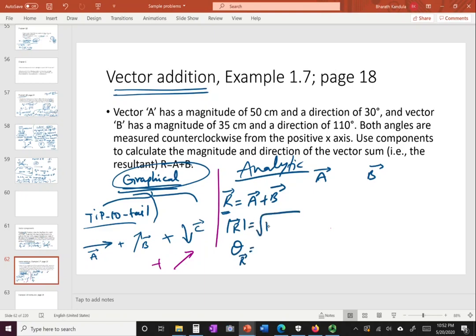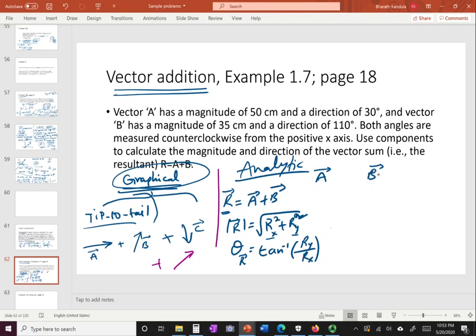So the formula is the square root of Rx squared plus Ry squared. You remember from the previous slide, to calculate the magnitude of any vector we use this formula. This is in your formula sheet. Direction is the inverse tangent of Ry divided by Rx. So now our job is to find Rx and Ry, because once you know Rx and Ry, you can easily find the magnitude and direction of the resultant.